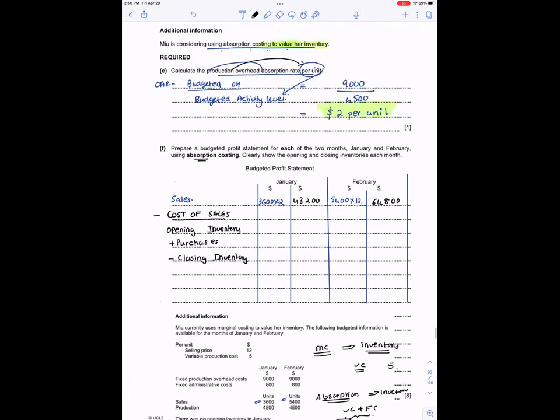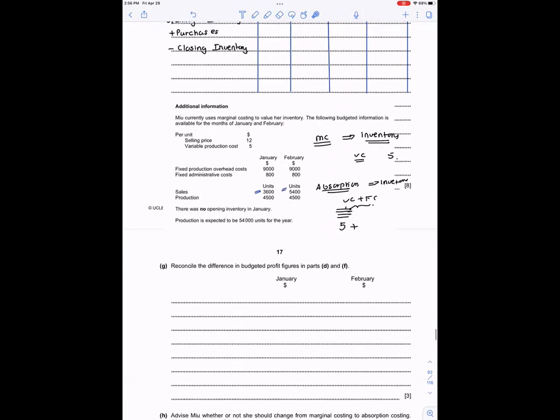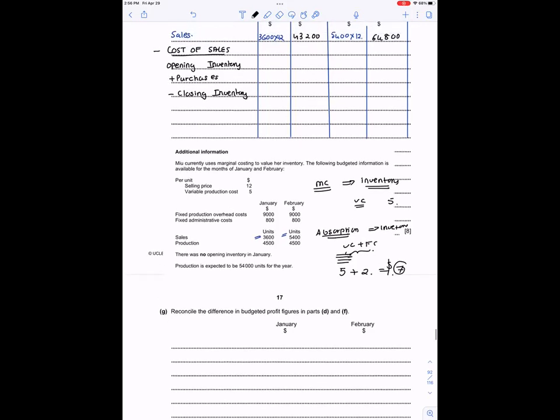But apart from that, the fixed cost, the production overhead rate per unit, will also come. So inventory or your production would be valued at $7. Please digest this fact and then tell me.